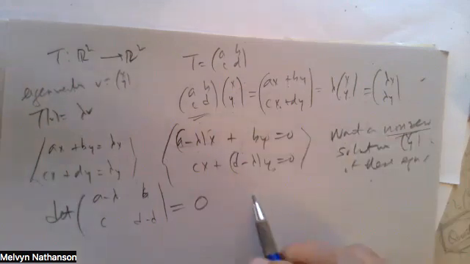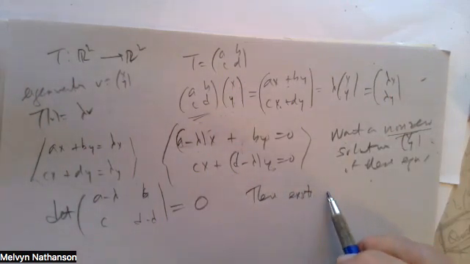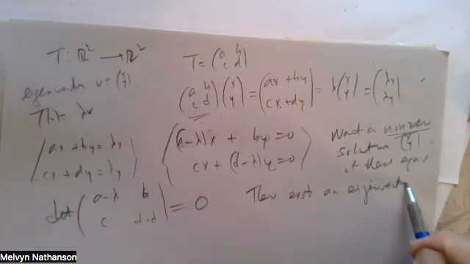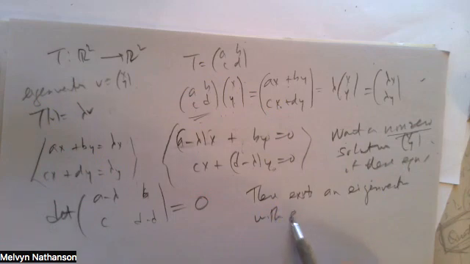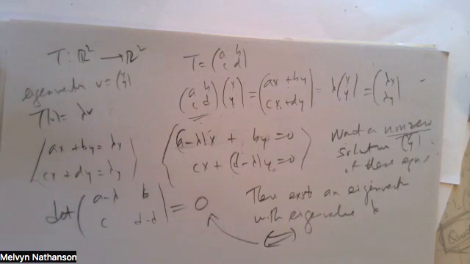So there exists an eigenvector with eigenvalue lambda if and only if this determinant equals 0.